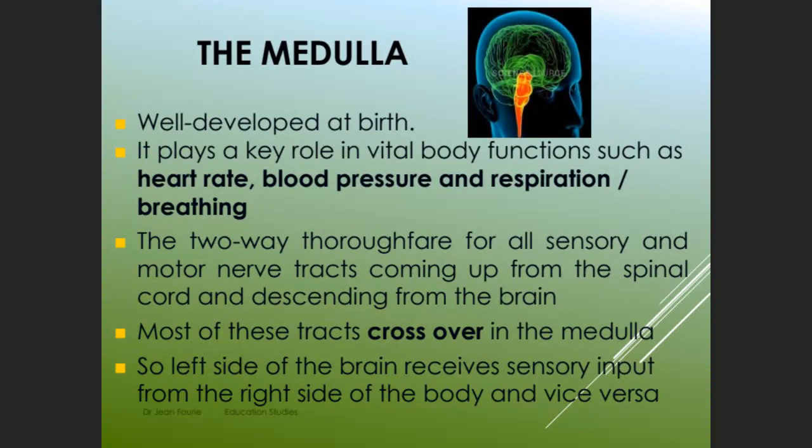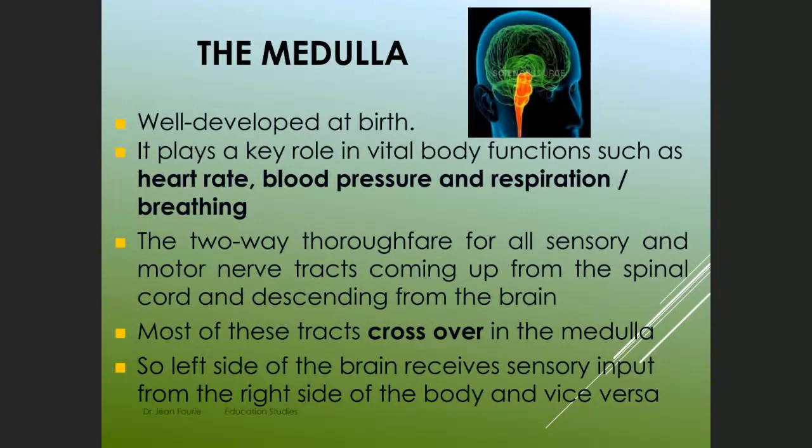At this part of the brain, there is a two-way thoroughfare for all sensory and motor tracts, which are coming up from the spinal cord, and the motor tracts that are descending down from the brain. And it is at this part where a lot of these tracts or nerves will cross over in the medulla. So the left side of the brain is receiving sensory input from the right side of the body.